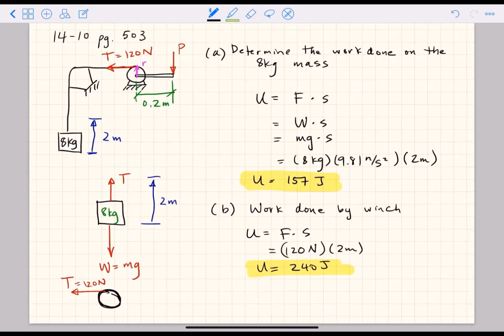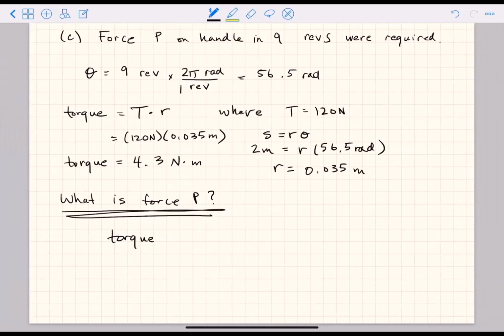If I go back, we have the tension times its radius, and that whole torque there needs to equal the torque being applied by P. So that would be P times 0.2 meters. Well, we already have a value for torque. We said that this is 4.3 Newton meters. That's equal to P times 0.2 meters. So if I divide both sides by 0.2, then I get roughly P equal to 21 newtons. And we're able to solve that problem.